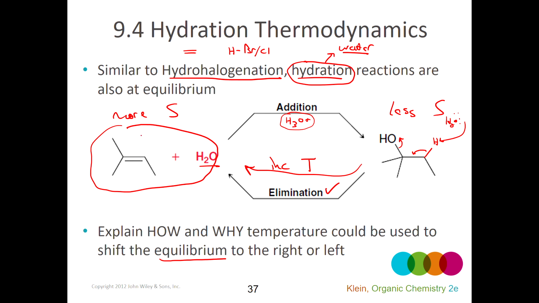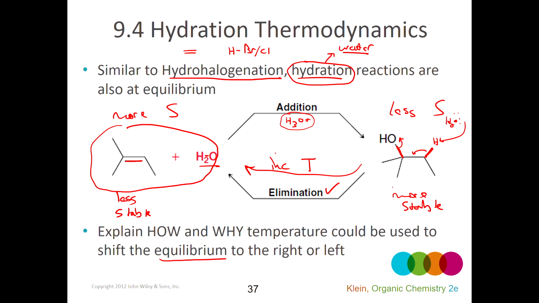But we also said at the beginning today, we confirmed that the pi bond is not quite as stable as a sigma bond. So I also have to break a sigma bond in the water, and I break a pi bond, but then I get to form 2 new sigma bonds. So since the sigma bonds are more stable than the pi bonds, the enthalpy term favors the products.